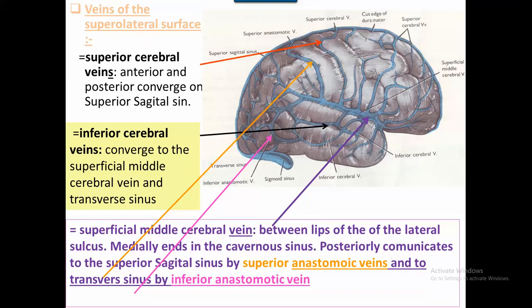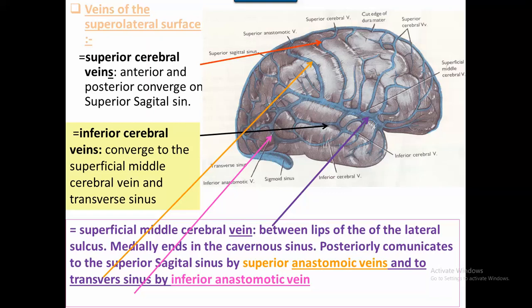Okay, and the superior anastomosing vein and the inferior anastomosing vein. That's the superior anastomosing vein and here is the inferior anastomosing vein.